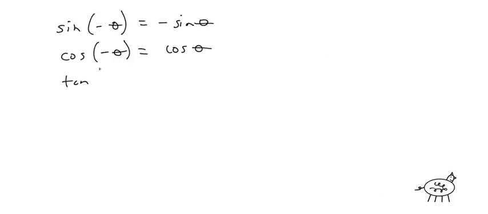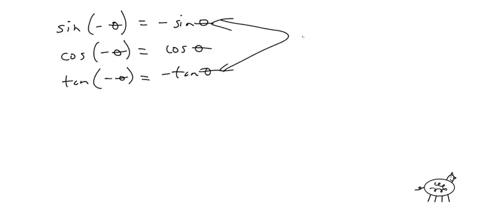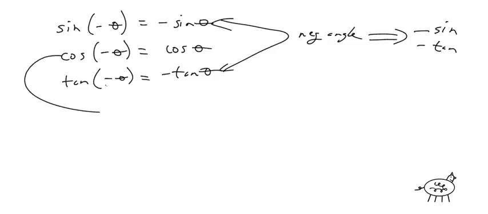We have tangent of negative theta equals negative tangent of theta. Okay, so these two go negative. So if it's a negative angle, then it's a negative sine or negative tangent. This one stays positive, so cosine of a negative angle maintains its positive.